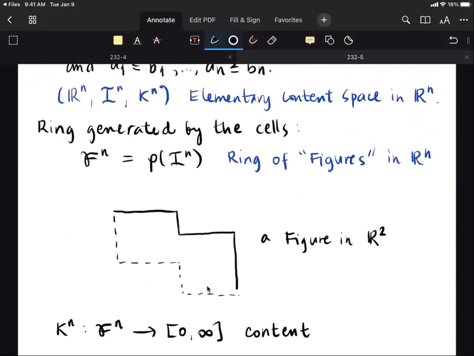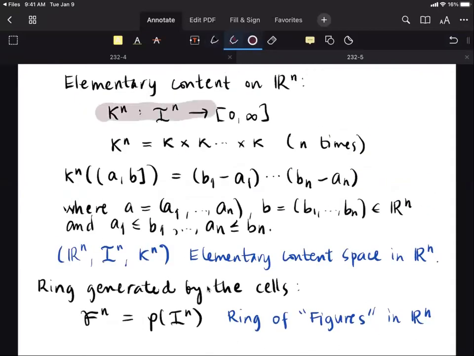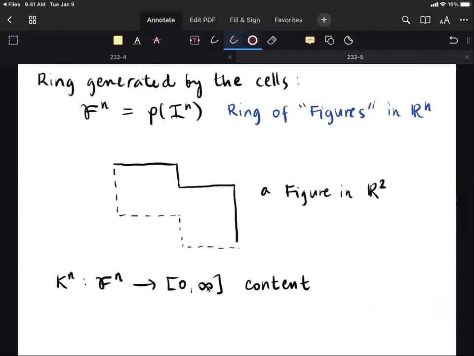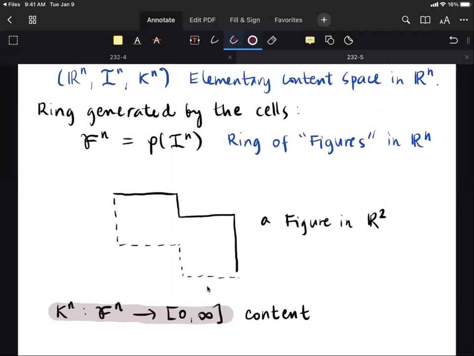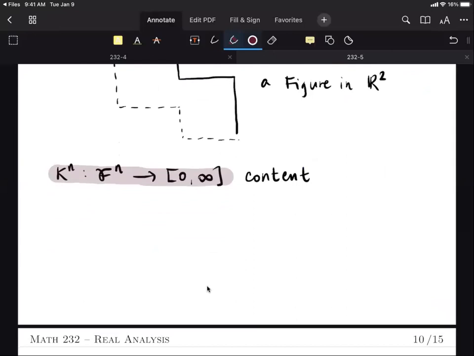So what we did here is that you have a content on the semiring of cells. We can extend that into a content on the figures, where the figures in Rn are basically the sets in the ring generated by the cells.